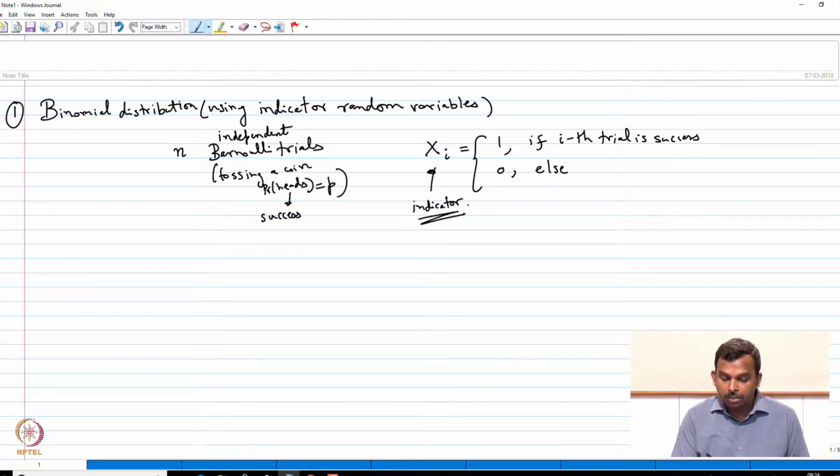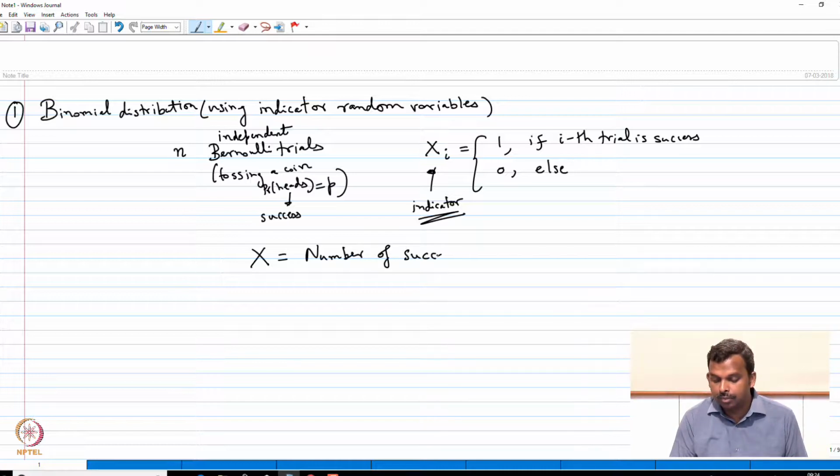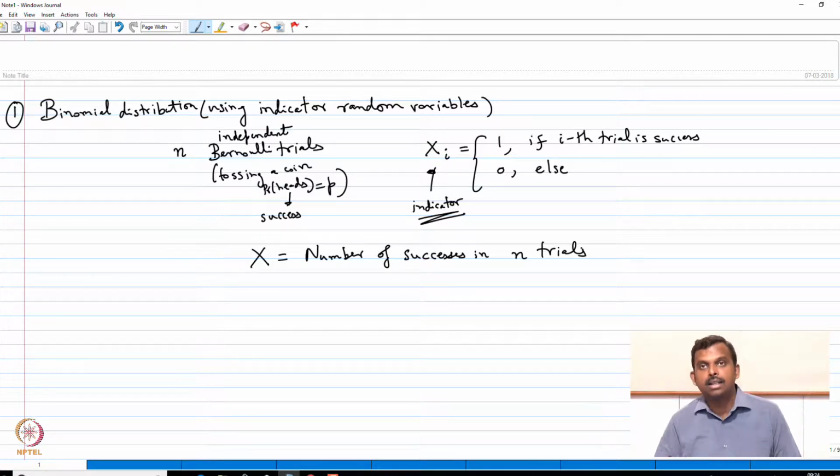Now, what is my binomial random variable? I'm going to define X as the number of successes in n trials. In these n Bernoulli trials, how many successes I had, that I denote as X. We know very well that this is a binomial with parameters n and p.